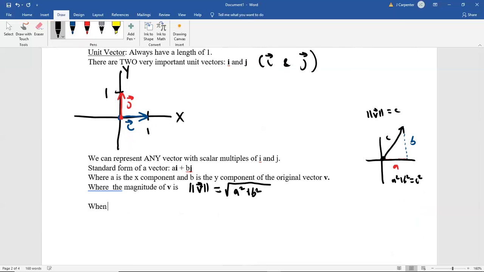So when you're in standard form, start the vector at the origin. This is just writing down what the drawing to the right says. You can start your vector at the origin, then A and B give the X and Y coordinates, the terminal point.